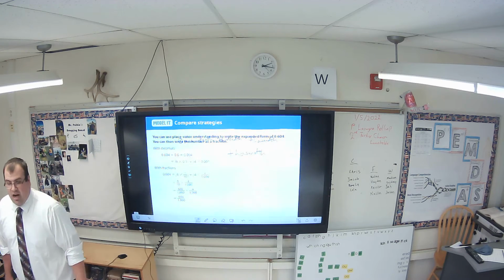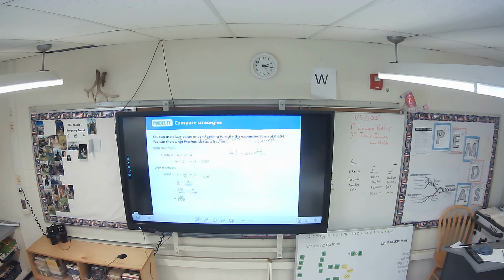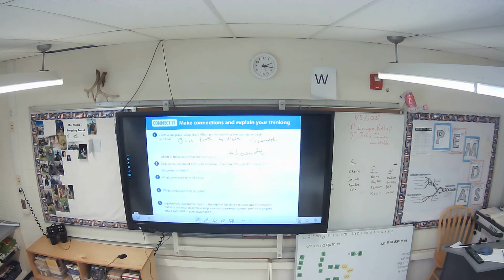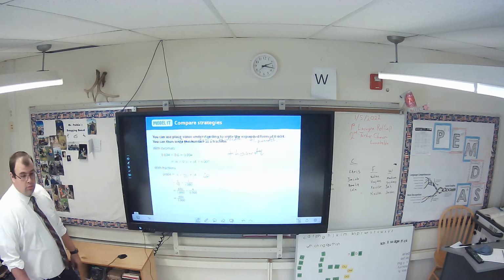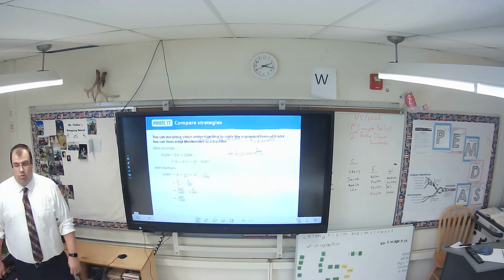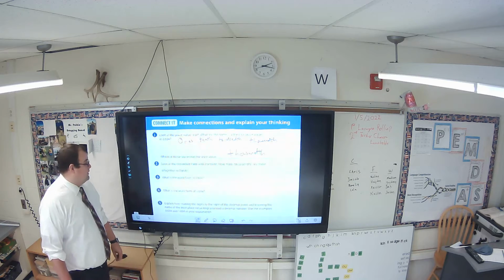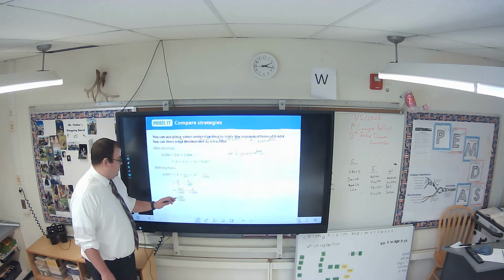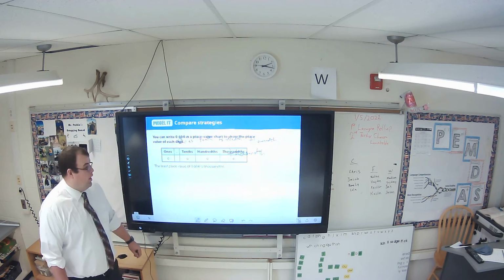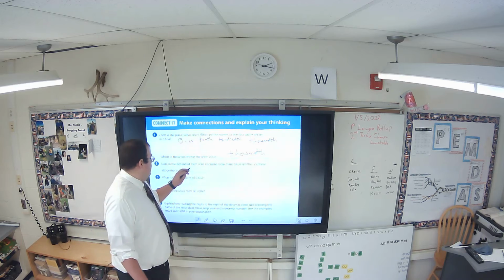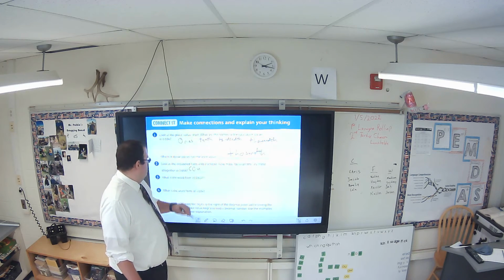How many thousandths are there total? Look at this fraction. 604. Yeah, 604. We have 604 over 1,000, right? So there's 604 total, right?